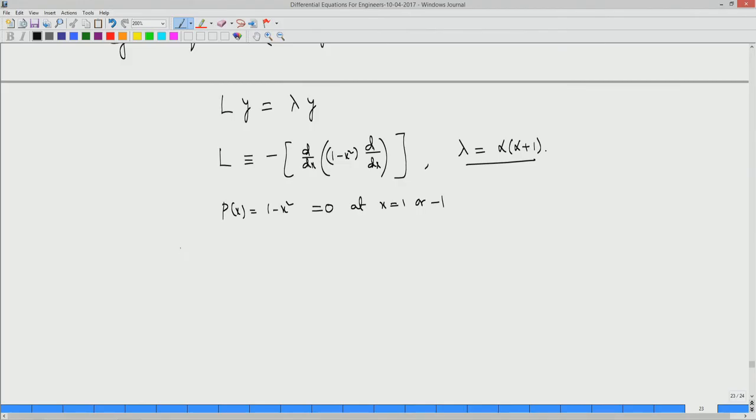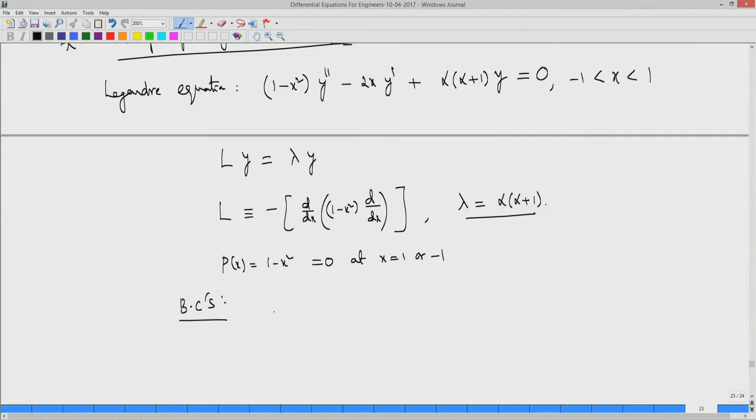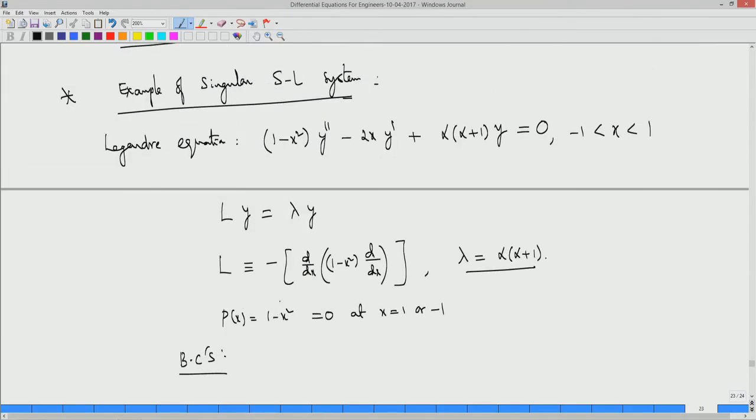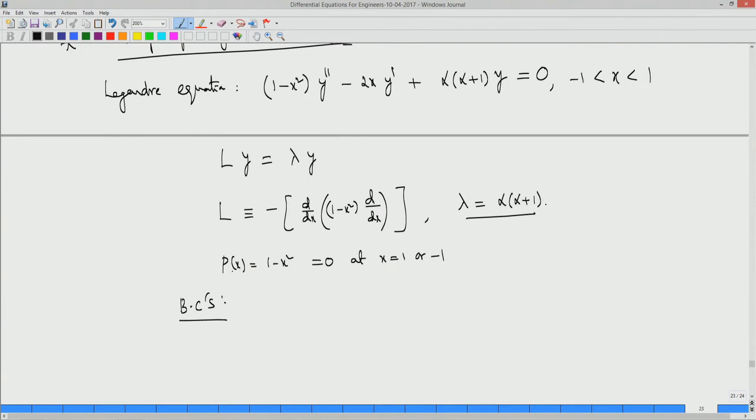So, what are the boundary conditions to prescribe in this singular Sturm-Liouville system when P at 1 and P at minus 1 are both 0? The boundary conditions should be that y at 1 and y dash at 1 are bounded, they are finite.